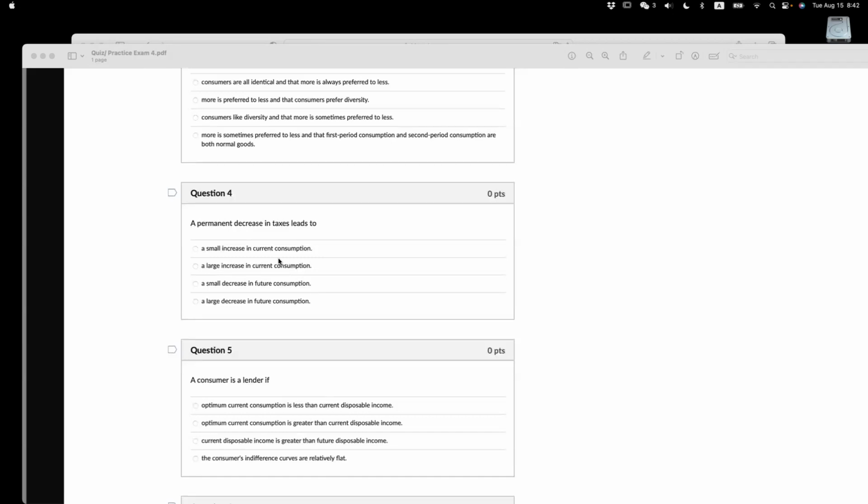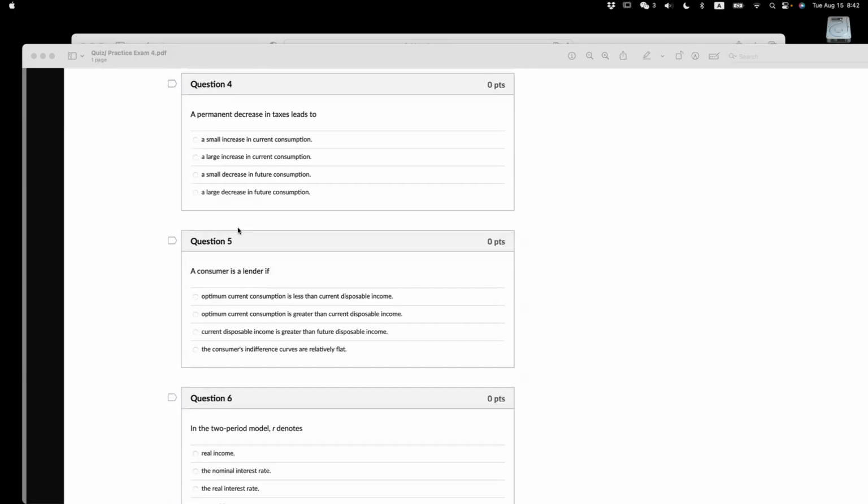That's going to lead to a big change in your lifetime wealth, because you have more disposable income today, tomorrow, the day after tomorrow, and so on. Hence, this is going to lead to a large increase in current consumption. So this is question 4.